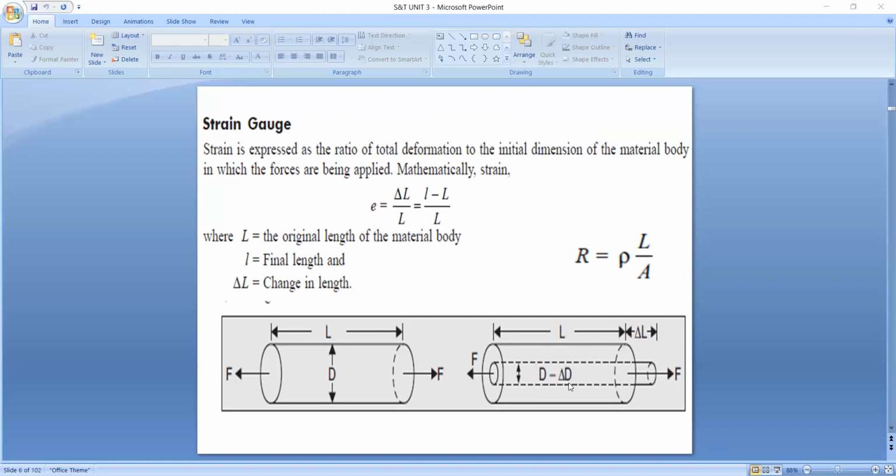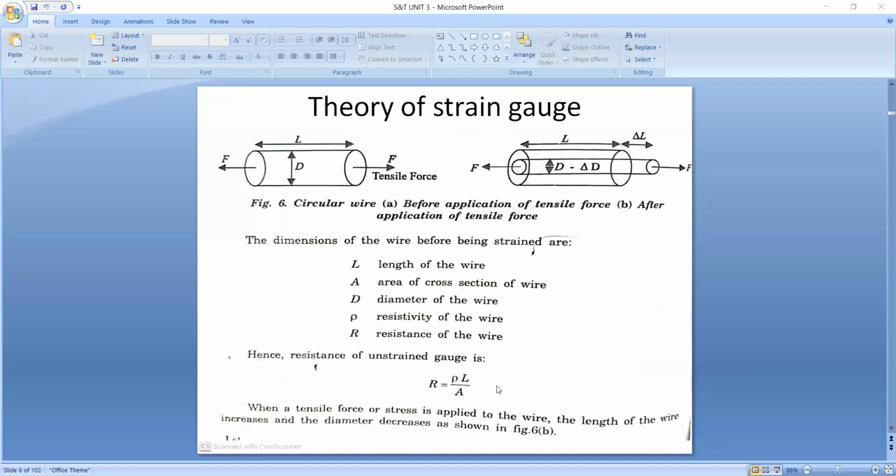Now, we'll go on to the derivation where we define and derive the gauge factor. L is the length of the wire, A is the area of cross section of the wire, D is the diameter of the wire, rho is the resistivity of the wire, and R is the resistance of the wire.